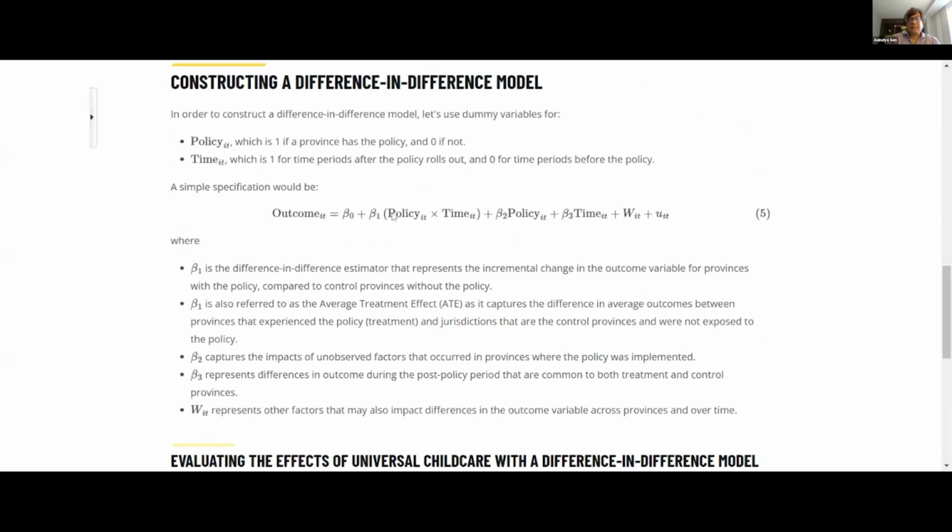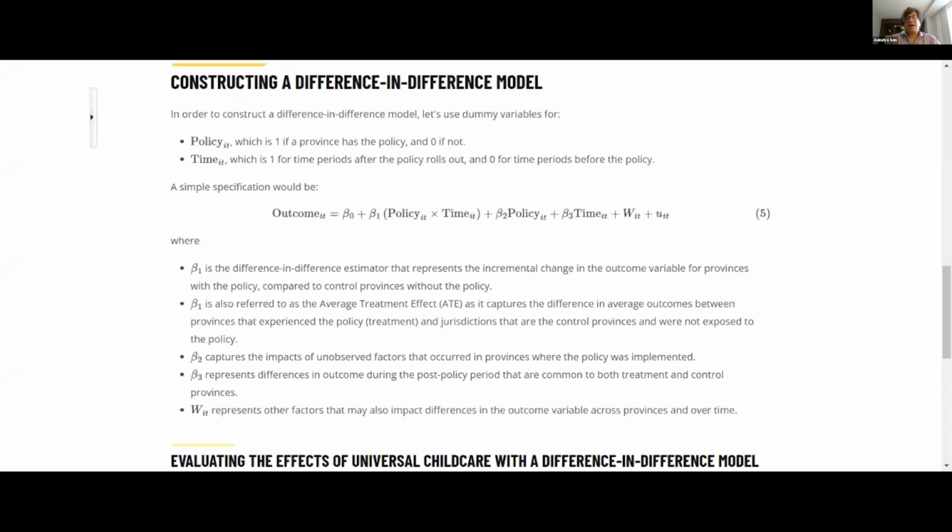And here's the beta 1, which you're looking at. You're basically creating a variable which is looking at the effects of the policy when it was implemented in certain provinces in a certain time period, relative to other provinces which did not implement the policy at that time.